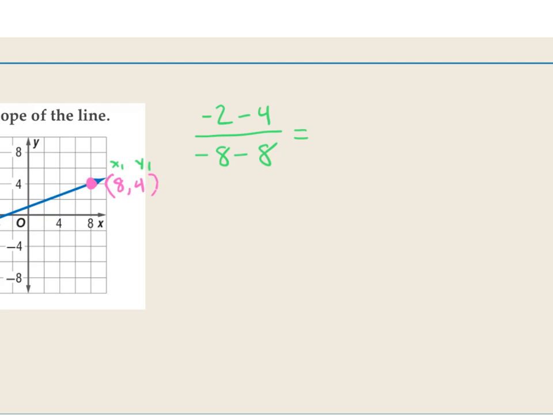-2 minus 4. -6. And what is -8 minus 8? -16. Perfect. So can I simplify this -6 over -16?